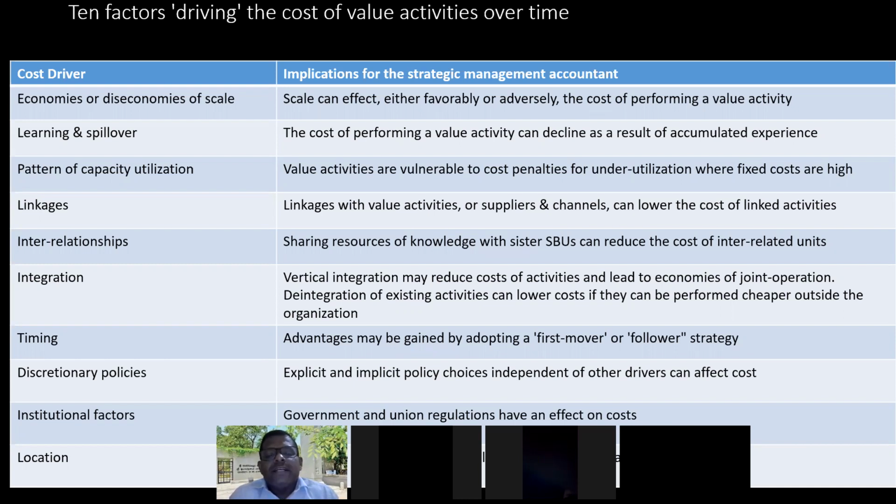Anyway, vertical integration may reduce activity costs in certain cases. If you acquire the suppliers, you may reduce the cost. That means you are expanding your value chain. Earlier, you purchased raw material from the supplier. Now you are not getting it from outside. You have acquired the suppliers, and now you have expanded your value chain. So thereby cost can be reduced.